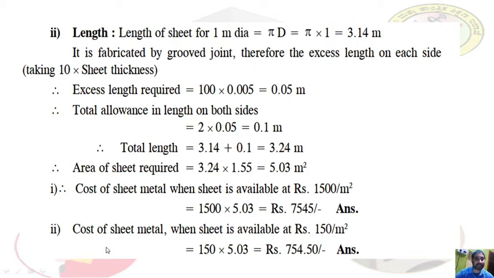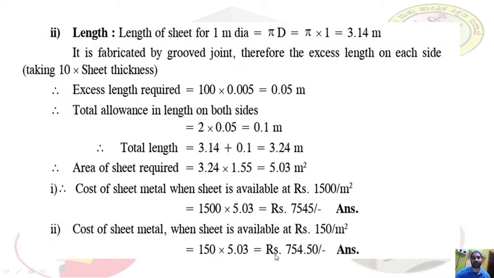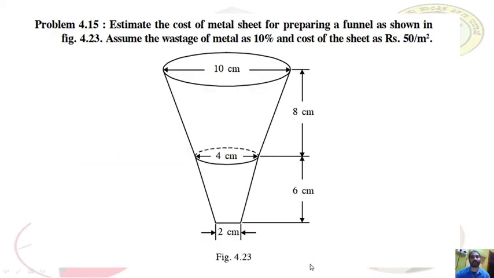The cost of the sheet metal when sheet is available at rupees 150 per meter square: just multiply 150 by 5.03, then cost will be 754.50. So in the problem, one is 1500 per meter square, another one is 150 rupees. So the cost is 7545 for the first case and 754.50 for the second case.